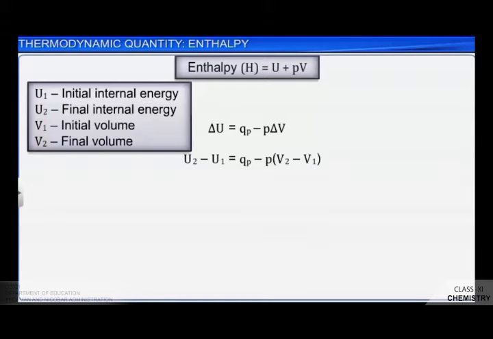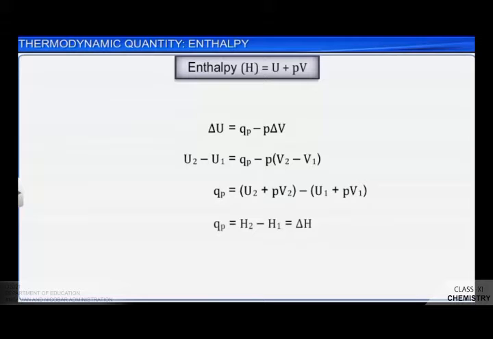The above equation can be written as U2 minus U1 equals QP minus P into V2 minus V1. On rearranging this, we get QP equals U2 plus PV2 minus U1 plus PV1. But we've already learned that U plus PV equals enthalpy H. Hence, the equation can be written as QP equals H2 minus H1 equals delta H. Therefore, delta H is equal to QP.